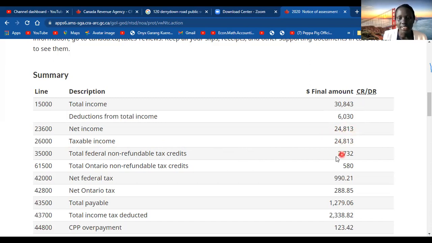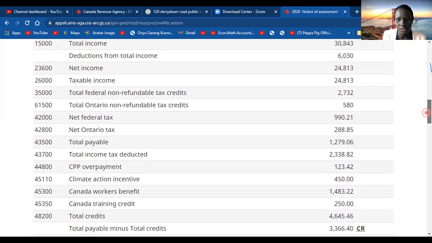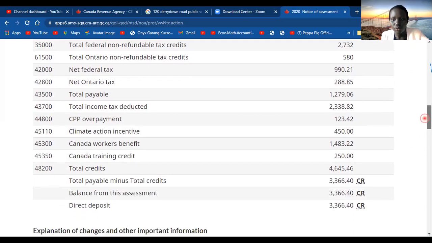So it's 24,813. My total federal non-refundable tax credit will be 2,732. This is the amount of tax that they will give back to me. And then there are a lot of things that they add here, maybe small deductions, some payables, things that count for the government.